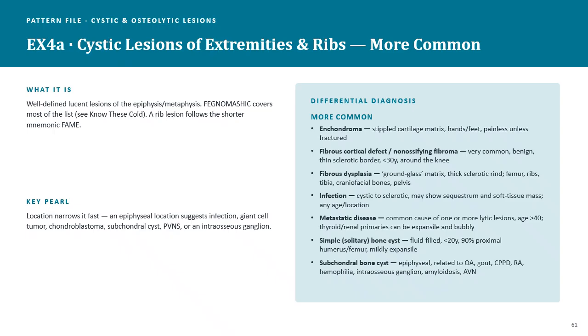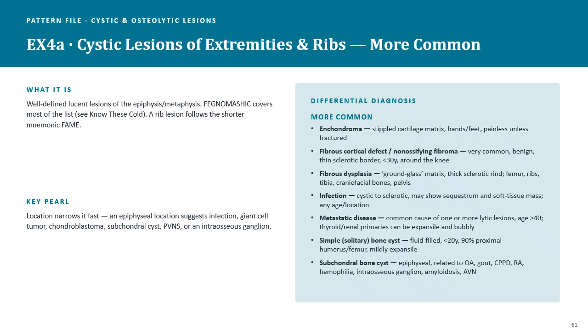Another few common examples from this list that are worth taking a deeper look at: enchondroma. That's a benign tumor of the cartilage. It's typically found in the hands and the feet of the patient, and they might also have some small calcifications in it. Another is a non-ossifying fibroma.